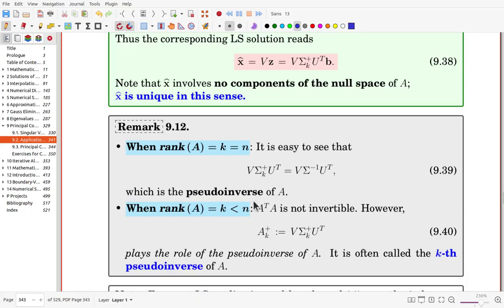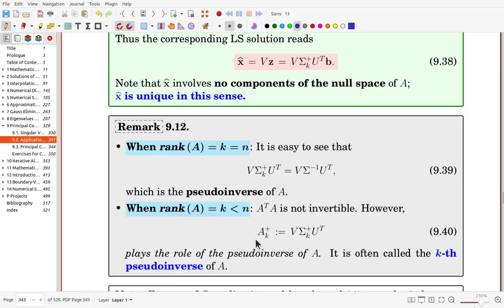Okay. Now, once K is smaller than N, then A transpose A is not invertible. The rank of A being K means that there are only K independent columns in A, but there are N columns, and only K columns are independent. So A transpose A is not invertible.